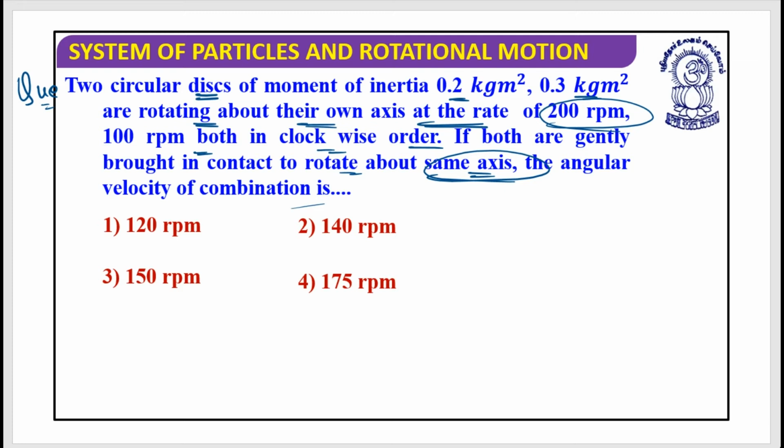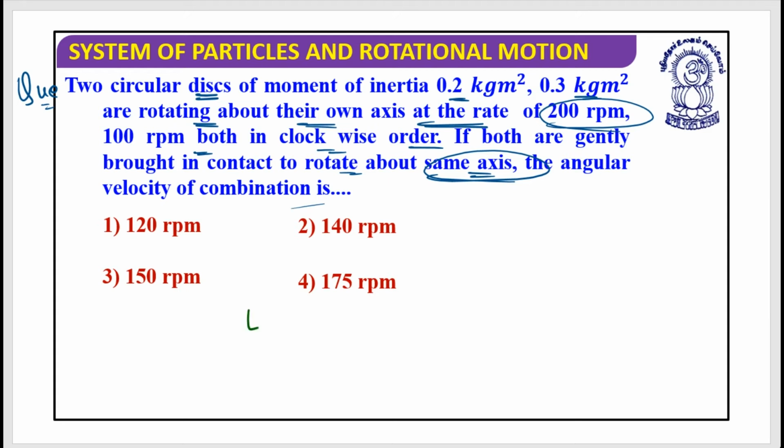Both are initially rotating in the same manner, clockwise, and you want them to move across the same rotational axis and find the angular velocity of the combination.